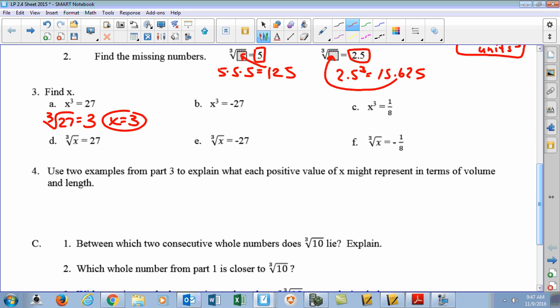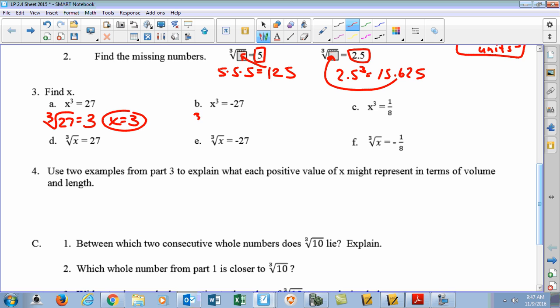Now, here's where cubic roots are also different from square roots, because remember in square roots, you could not take the square root of a negative number. Well, you can do that with a cubic root, because if I multiply a negative number by itself 3 times, I get a negative number. So here, again, what number times itself 3 times gives me negative 27?